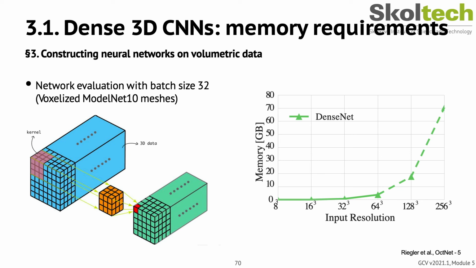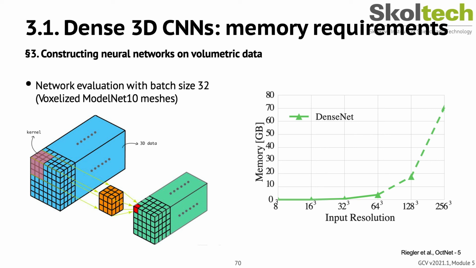Of course, the downside of 3D convolutional neural networks done naively would be that the memory requirement and compute really do scale cubically as the resolution increases.